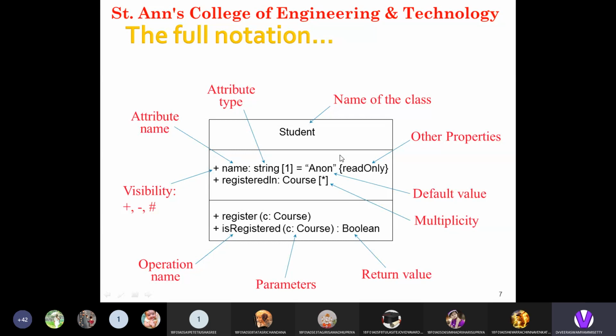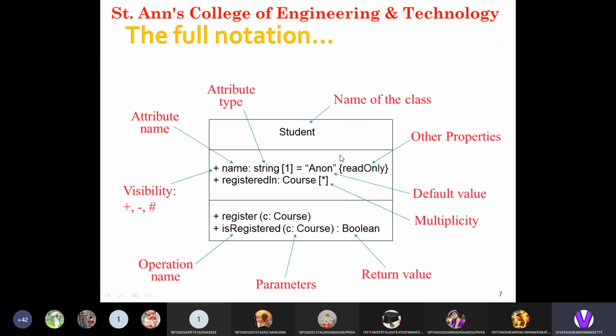If you want to define the operations of the class, first the visibility, then followed by the operation name, followed by the parameters you are passing to the operation, and then the return value.